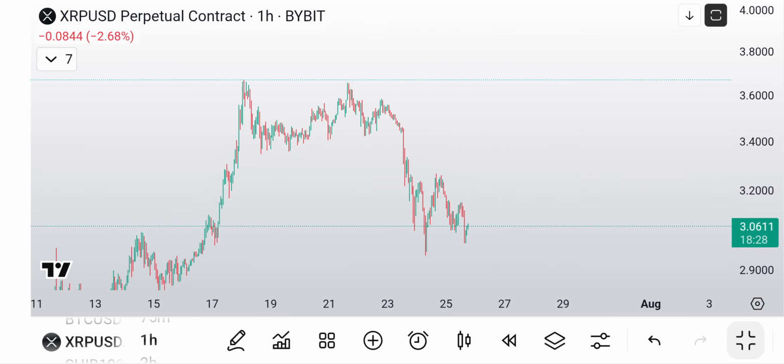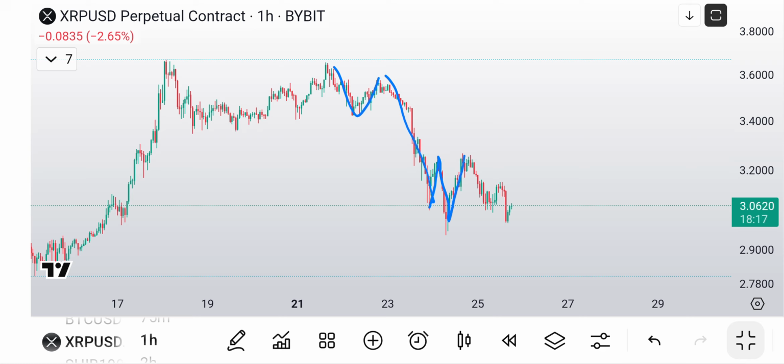Well, the other way you could count it would be if this is a flat. For example, you have 1, 2, this is 3, and this is A, B, C for a 4, right? And now we have wave 5. So we have 1, 2, 3, 4, and it looks like 5. Now the fifth could be truncated or it might not be finished.